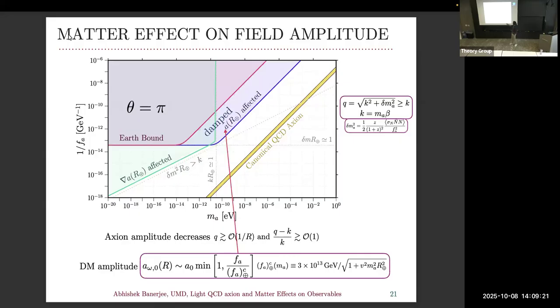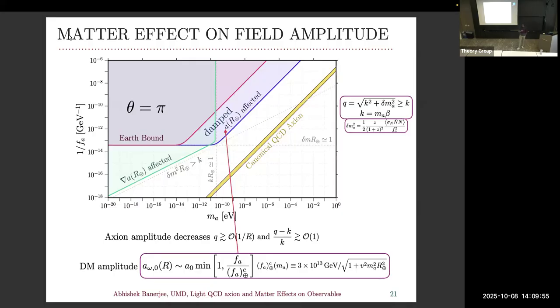If I choose one f_a of, let's say, 10 to the 12 GeV, or a mass of, let's say, 10 to the minus 13 eV somewhere here, and I calculate delta m_a squared as a function of position, I see that my potential is flipped, right?